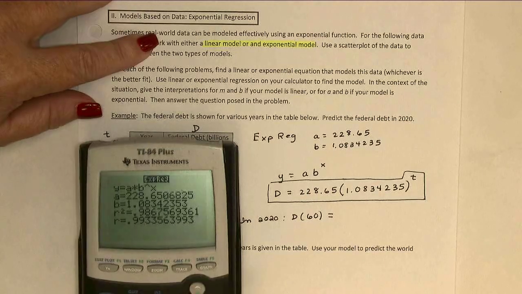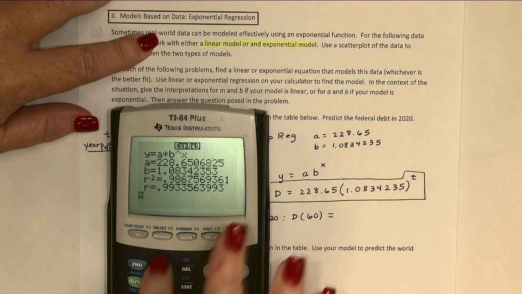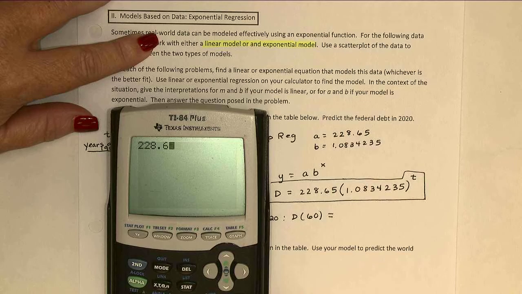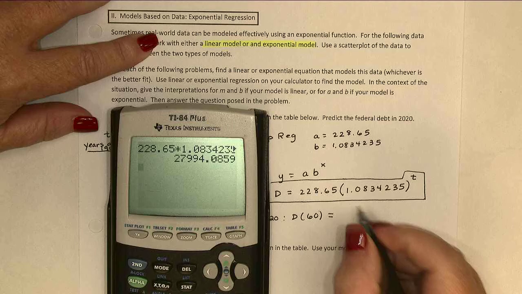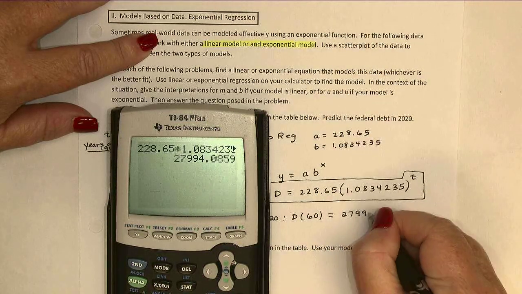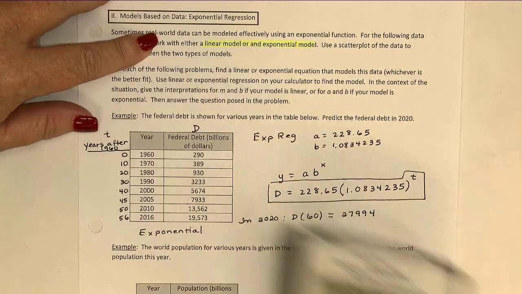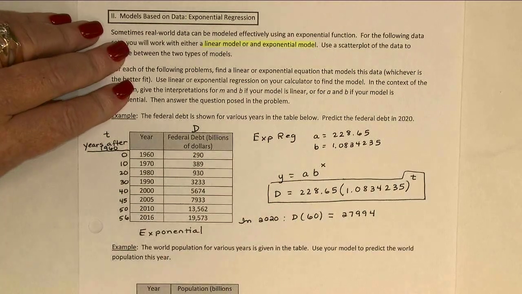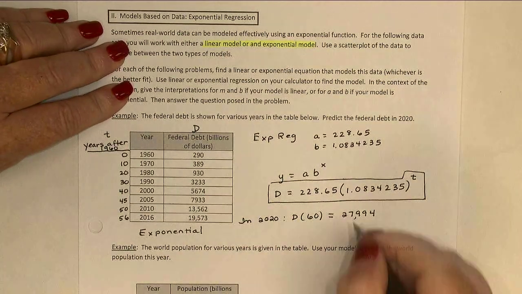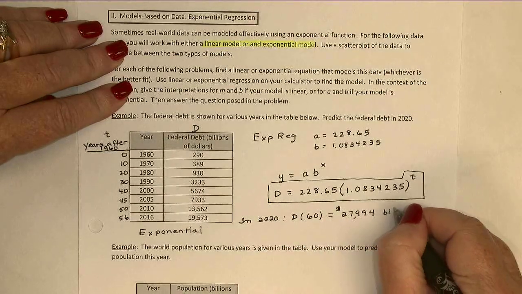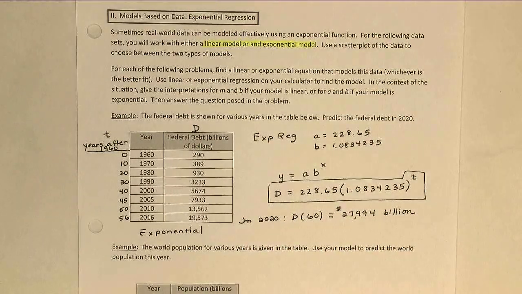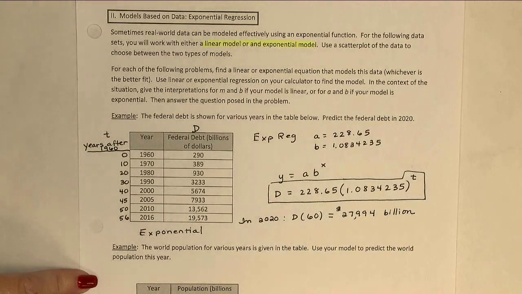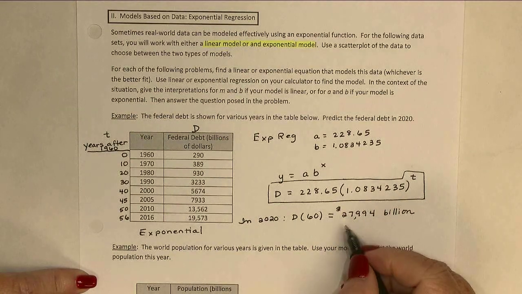And if I just do that in my calculator, I'm just going to round off to the nearest whole number because that's what they've done in the chart here. That is in billions of dollars. So what, almost 28 trillion is what we're looking at there? Would be the predicted debt in 2020.